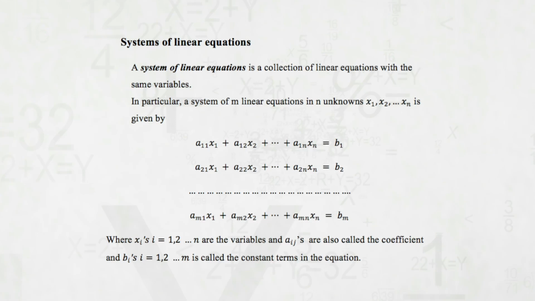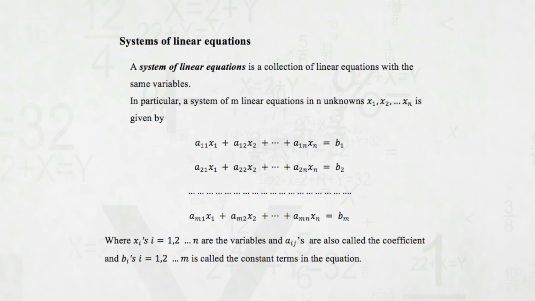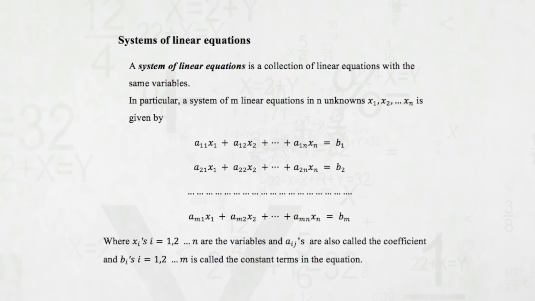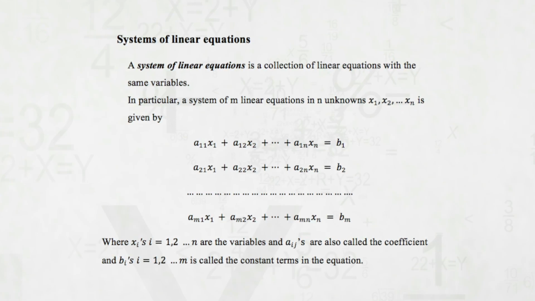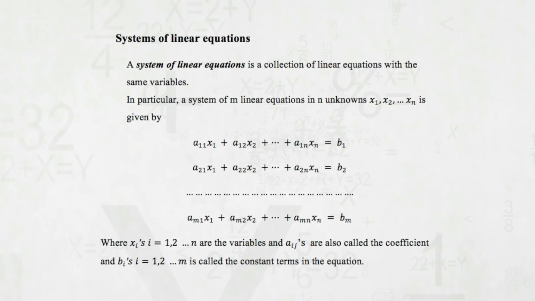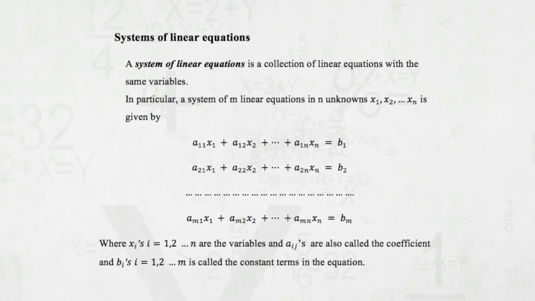A system of linear equations is a collection of linear equations with the same variables. In particular, a system of m linear equations in n unknowns x1, x2, etc., xn is given by a11 x1 plus a12 x2 plus etc. plus a1n xn is equal to b1.